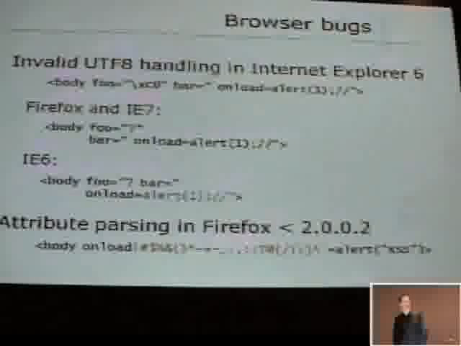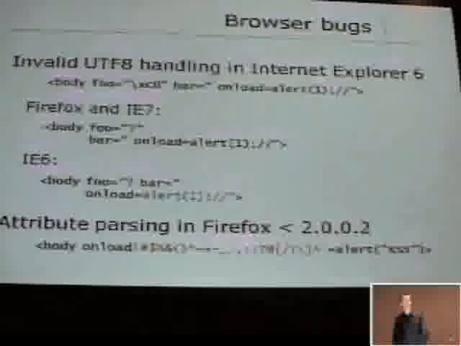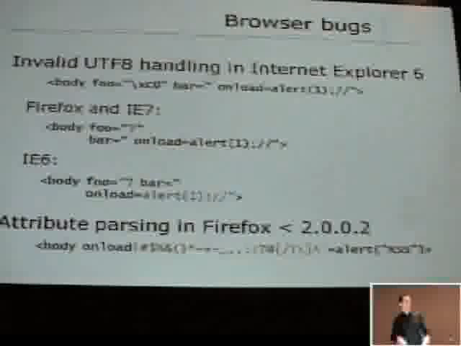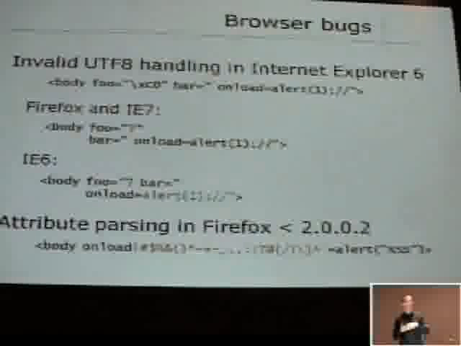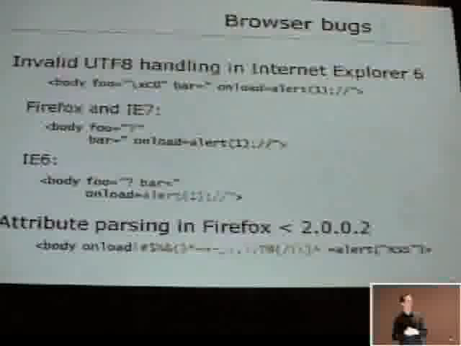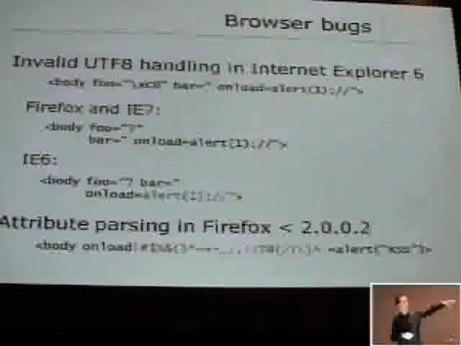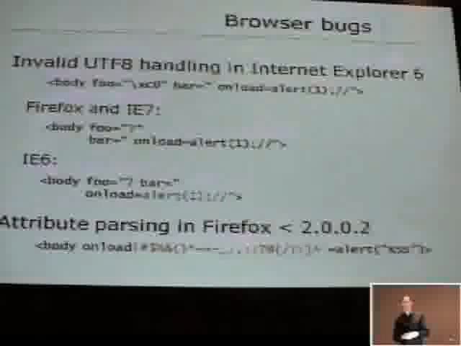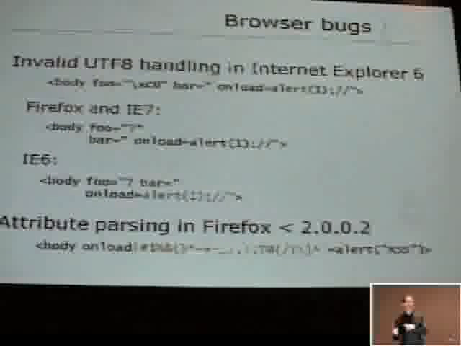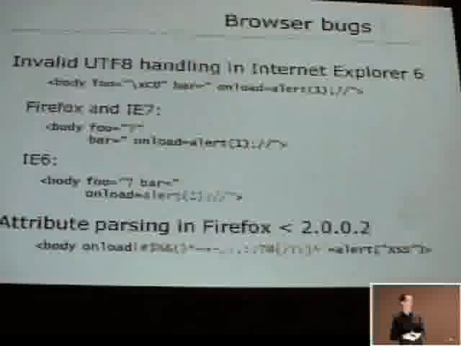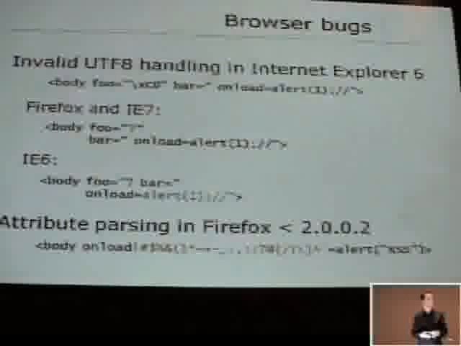If you're writing an XSS filter and you want to remove onload attributes, you might parse this as if your regular expression for finding attribute names allows anything that's not a space, then you might interpret some of these characters as part of the attribute name, and then the attribute name will not match onload, and you will not remove it. You will let it through, and Firefox will execute the script.